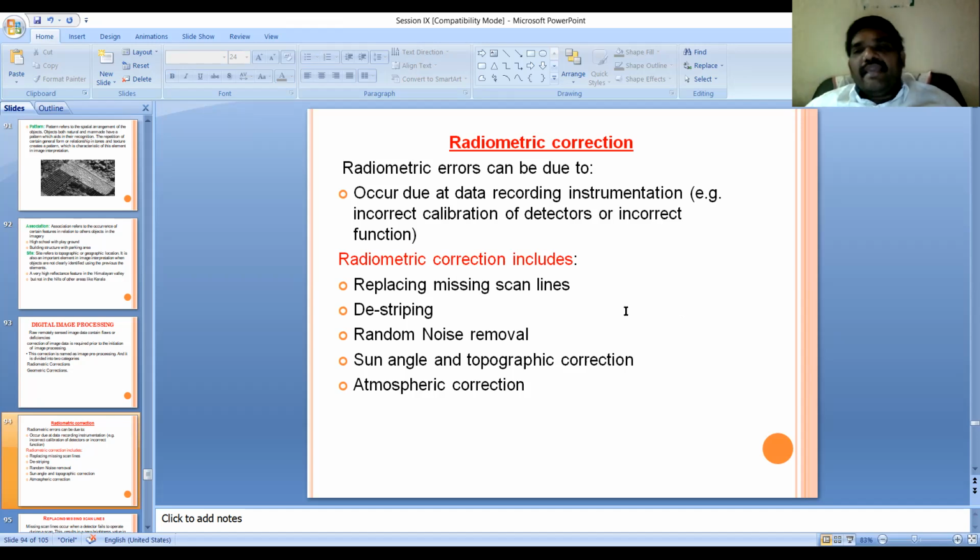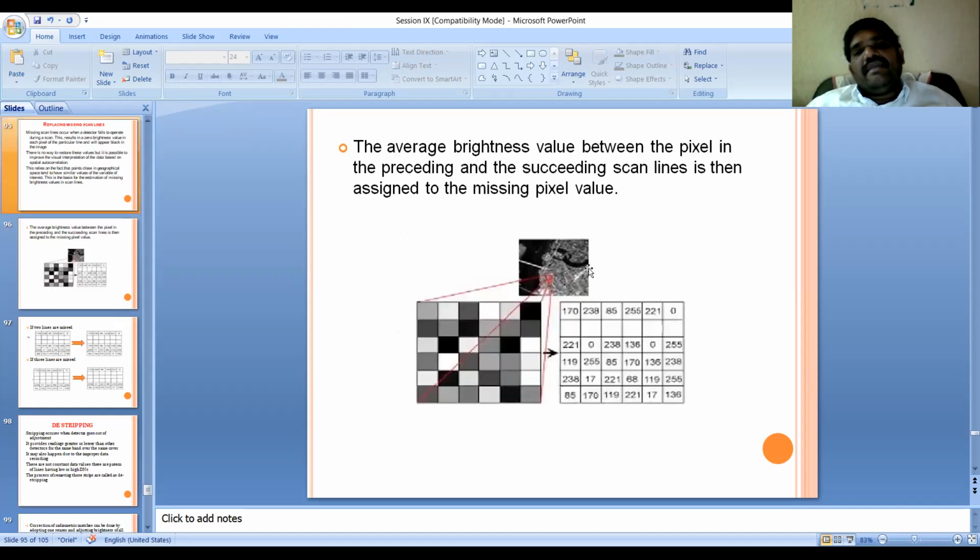See, in an image, this is the digital image of one particular object. We learned in the first unit itself that the images are recorded with respect to the resolution and assigned a brightness value of 0 to 255, called the digital number.